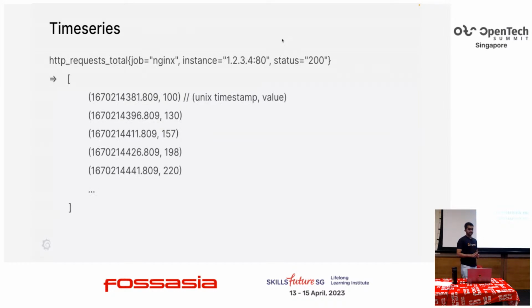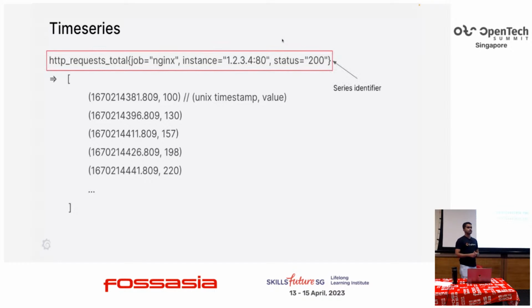Talking about the time series itself, it has an identifier. In Prometheus, it's just a set of label names and label values, like a pair of strings, you can say, a slice of pair of strings. The http_requests_total here is an example where the metric is tracking the total number of HTTP requests done for this particular job, and that one is a special label name which has a custom label name, and that's just a value.